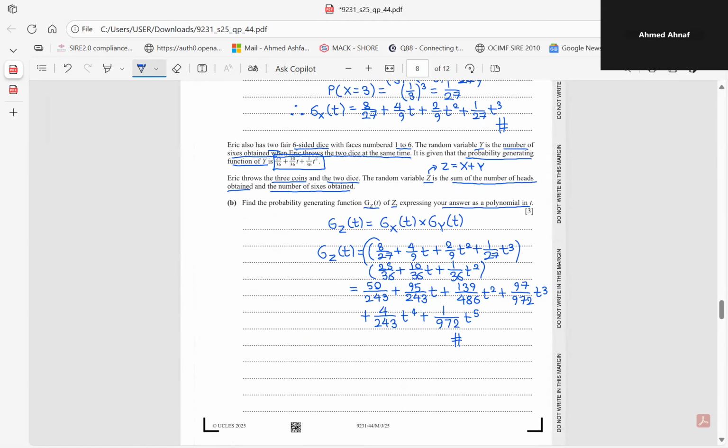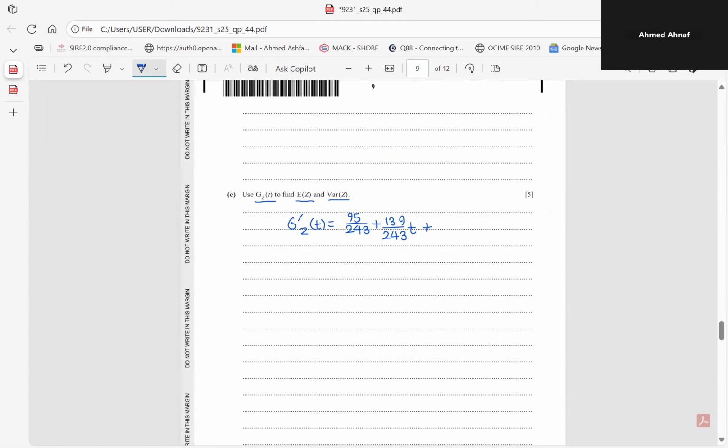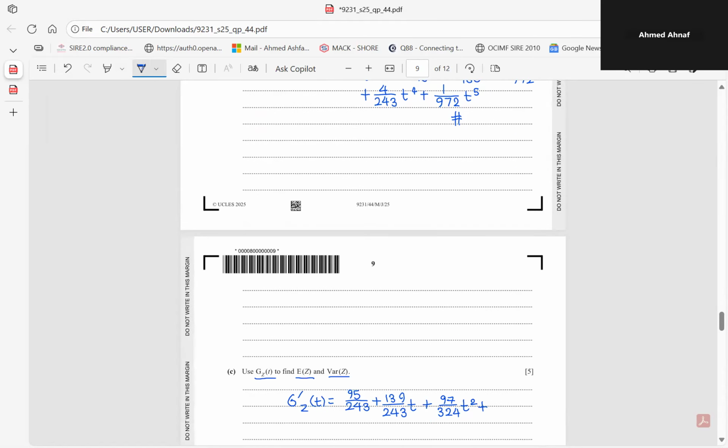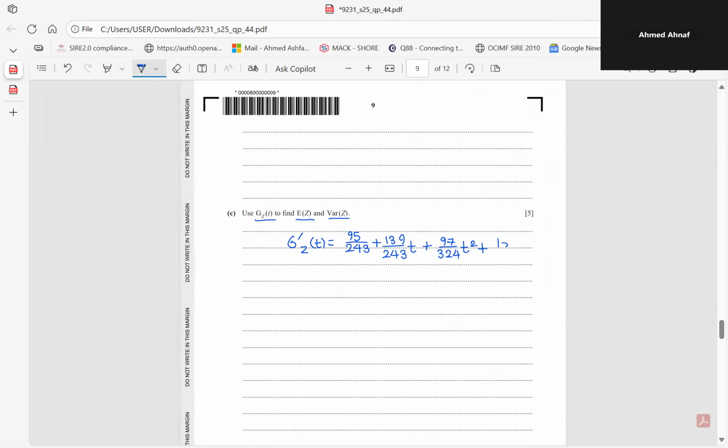You just multiply 3 times 97 over 972, 97 over 324 t squared. Then to find the t cubed term, just differentiate the t to the power 4 term, so multiply 4 times 4 over 243, and you get 16 over 243 t cubed.